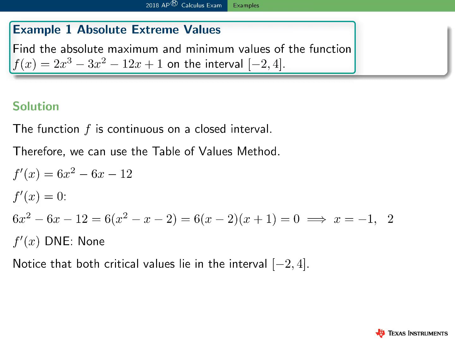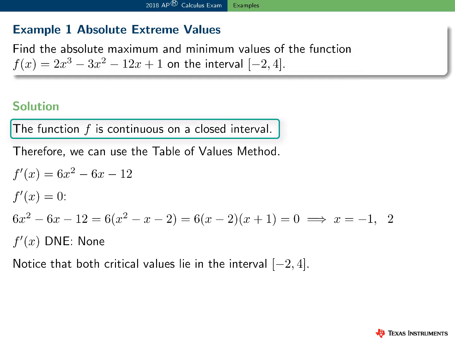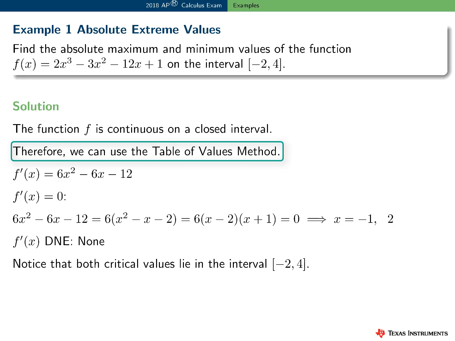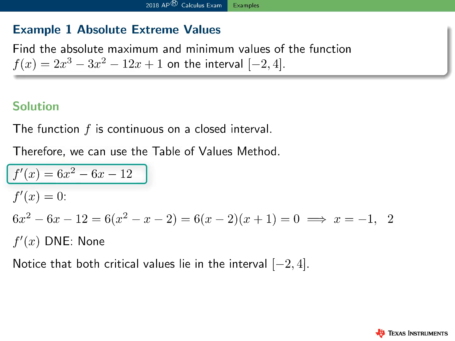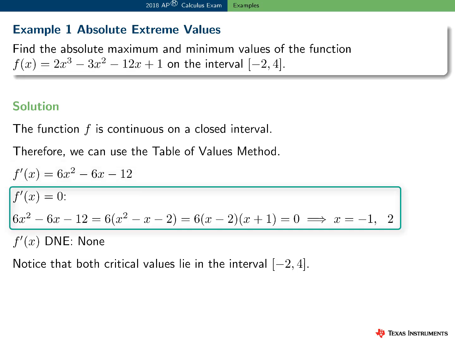Let's try an example. Find the absolute maximum and minimum values of the function f on the interval -2 to 4. Well, the function f is continuous, it's a polynomial, and the interval is closed. So we can use the table of values method. I'll start by finding the critical values. Here's the derivative of f, and I need to check two places.